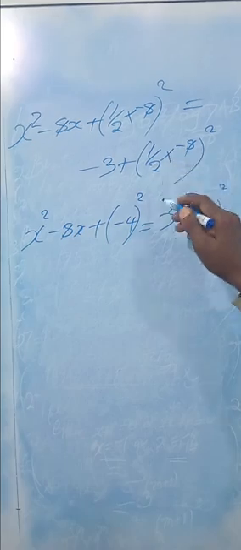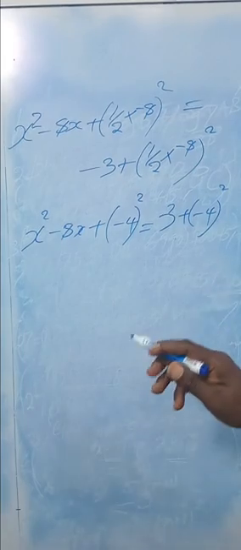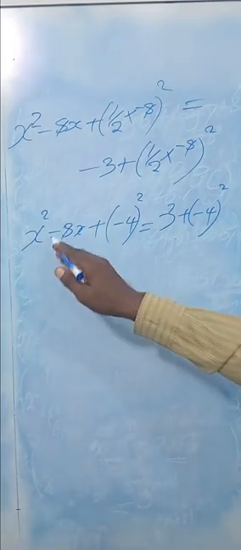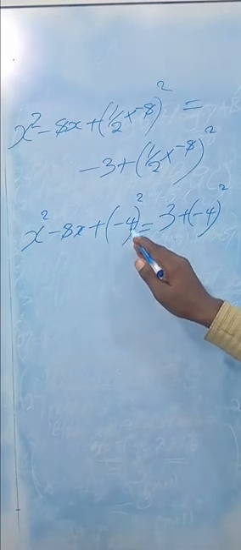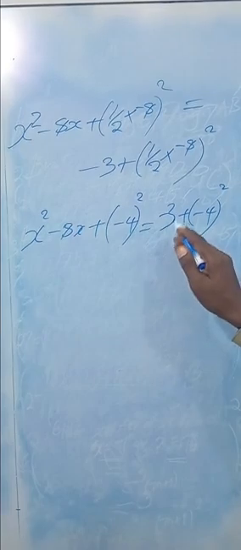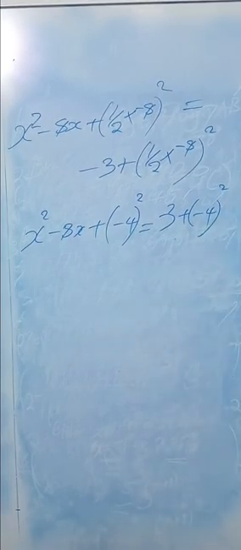We add in brackets a half times the coefficient of b, close the bracket squared. When that happens, on the left hand side we shall have x squared minus 8x plus in brackets negative 4 squared equals negative 3 plus negative 4 in brackets squared.